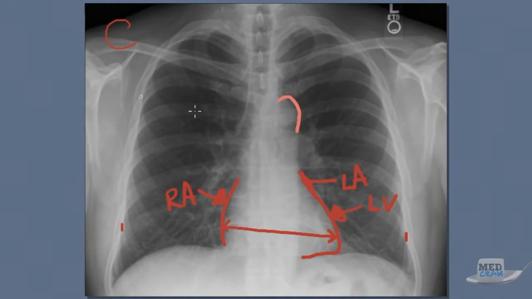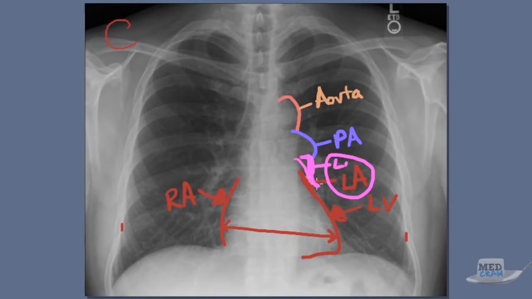And then right in about this area here, we have the pulmonary artery, and this here is the aorta. And then what's left here in this area is the left atrium, as we've talked about.